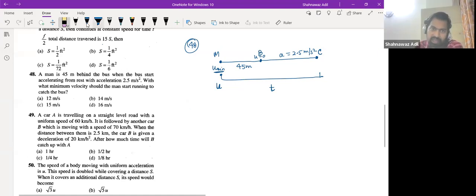Yeah, we can write that, but first we have to write the man part. So the man covered this much distance. To catch the bus at this point, the man covered this much distance, right? So what is the distance from M to C, right? What is the distance?